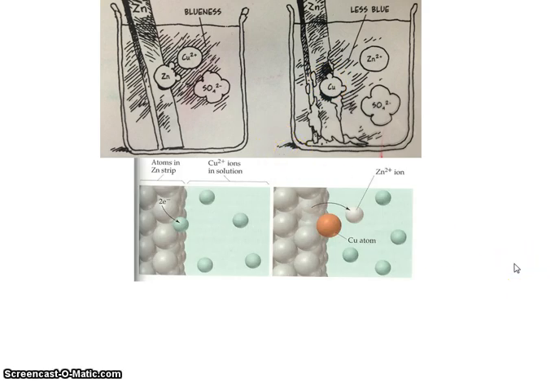Let's look at this maybe as if it's under a microscope. So here's our zinc bar. Here's our solution of copper ions. They're floating around. Remember, these have a plus 2 charge. So these zinc atoms here are going to be losing 2 electrons. And these copper ions should gain the 2 electrons. So here we go. Look at this zinc.